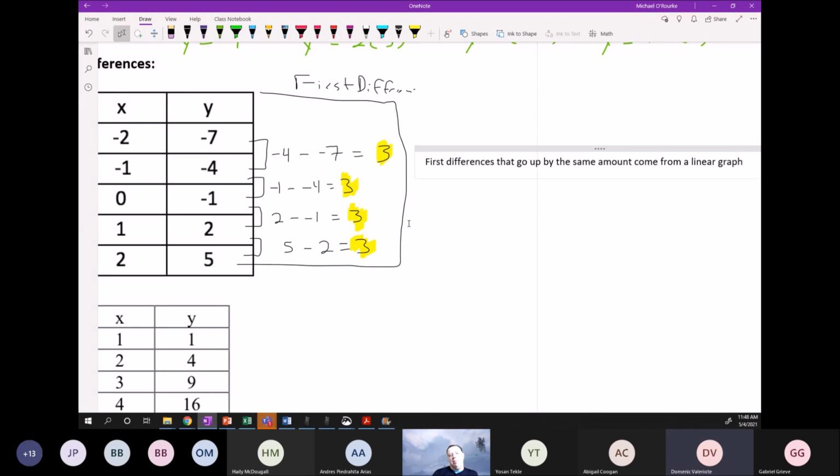So that's how you tell the type of graph in a situation like this. If I just have a table of values and I ask you what type of graph this table of values will make, since it goes up consistently, it's linear. Correct, there's a pattern there.